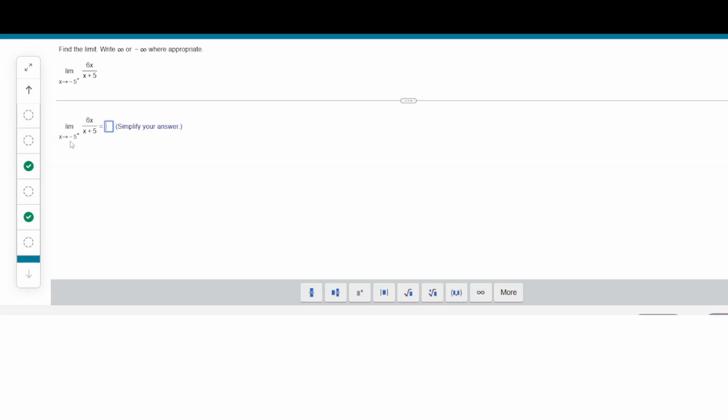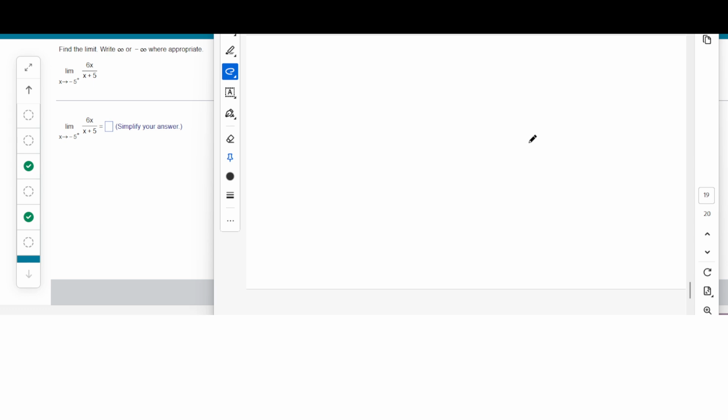When x approaches negative 5 from the positive side, as you can see here, this value goes to 0, but it will be positive because from the right side means this direction.